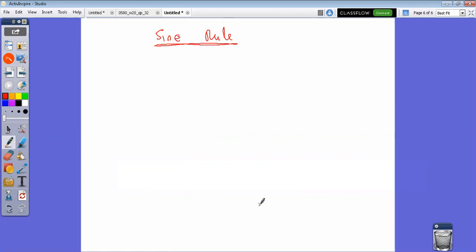So, unlike Pythagoras and SOH CAH TOA, which are used for right-angled triangles, this one is used for non-right-angled triangles. Clear?